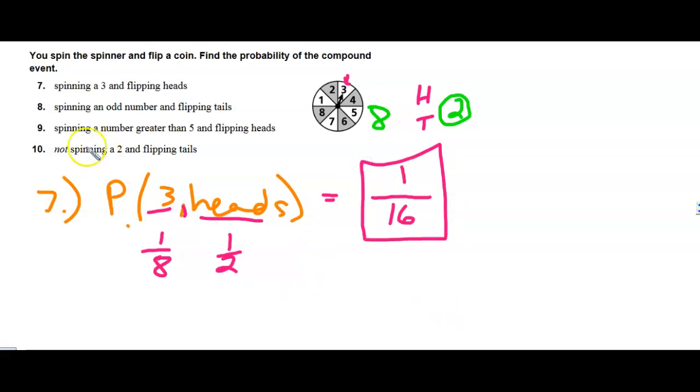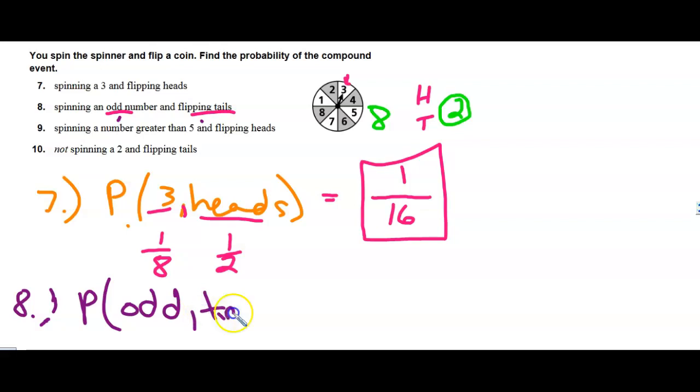Let's do number 8. Spinning an odd number and flipping tails. So it's essentially asking what the probability is of an odd number and tails.